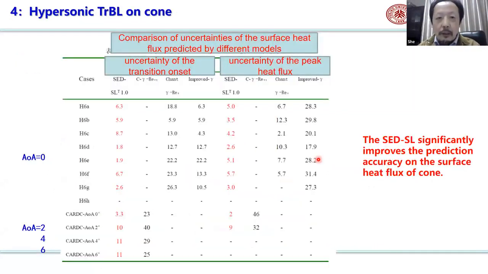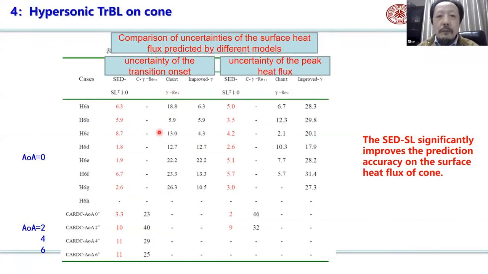And with this, let me show you the new prediction. This is for the cone at zero angle of attack, and angles of attack of 2, 4, and 6. We obtain error bars much smaller than the improved mental model.